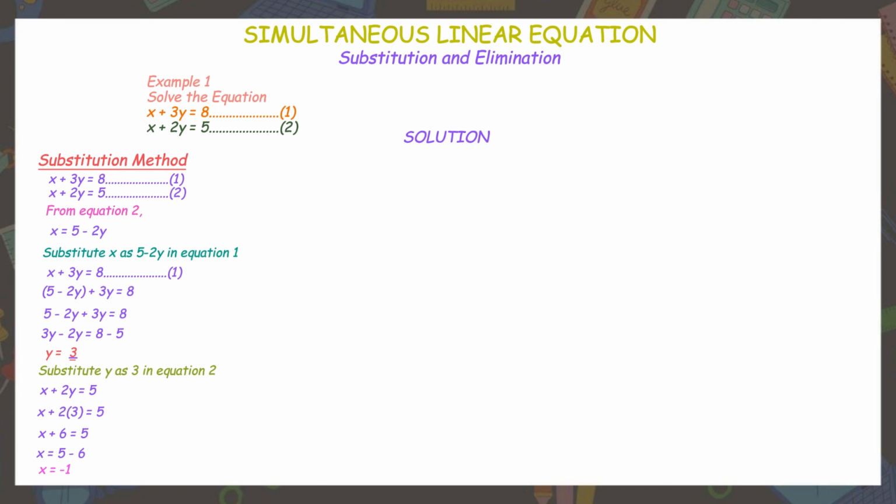So our answer, x is equal to minus 1 and y is equal to 3. So that is using the substitution method to solve simultaneous linear equations.